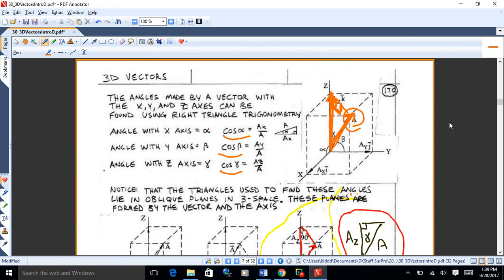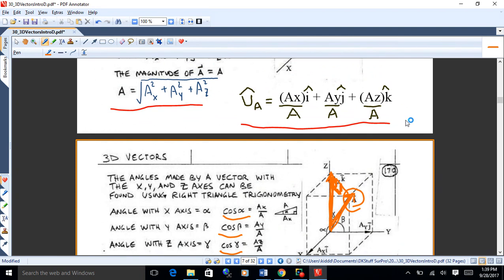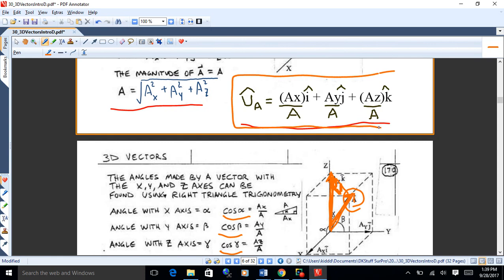So that's an interesting little relationship there, because look what you got when you got a unit vector. You've got A_x over A, A_y over A, and A_z over A. That's how you make a unit vector, right there. So when you've got a unit vector, what you have are the cosines of the angles that the vector itself makes with the x, y, and z axis.